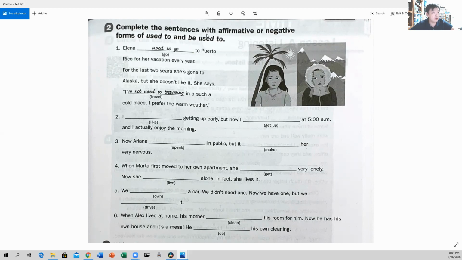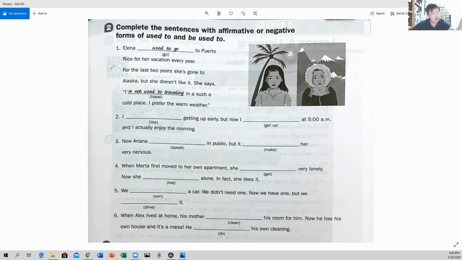Let's follow this first example here. Look, Elena used to go to Puerto Rico for her vacation every year, meaning she went in the past, but now she doesn't go anymore. For the last 2 years, she's gone to Alaska. See, she went to Puerto Rico in the past, but now she doesn't go anymore. Now she goes to Alaska.